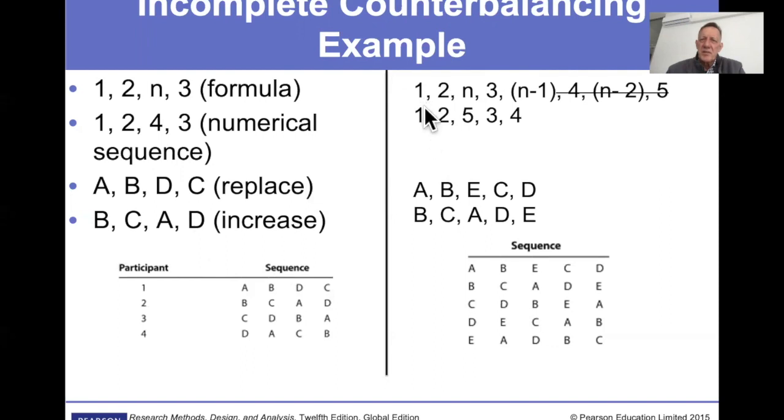So it becomes 1, 2, 5, 3, and then n minus 1, which is 5 minus 1, which is 4. 1, 2, 5, 3, 4, and replace that. It's A, B, E, C, and D. And increase it for the next one. A becomes B, B becomes C, E falls back to A, C becomes D, and D becomes E. And carry on like that for the whole sequence of participants.